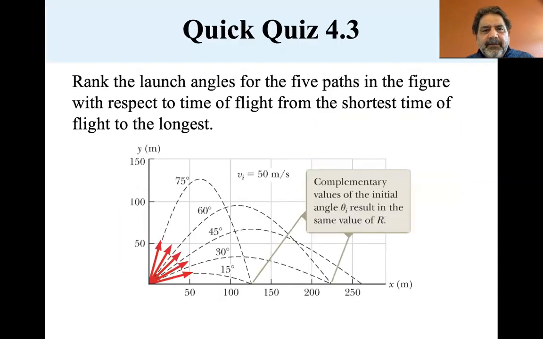All right. Rank the launch angles for the 5 paths in the figure with respect to time of flight from the shortest time of flight to the longest. Well, I just gave you that information.